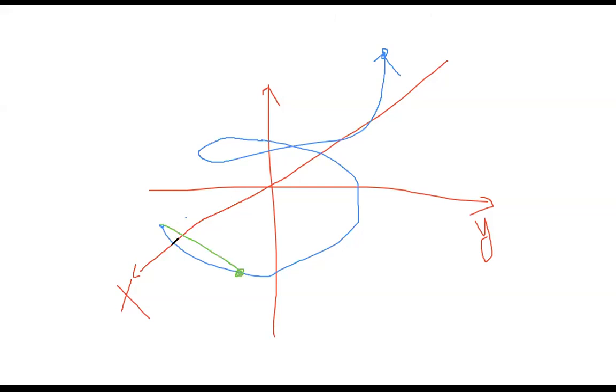For example, when this particle moves from here to here, this is T1, so suppose this is at T0.